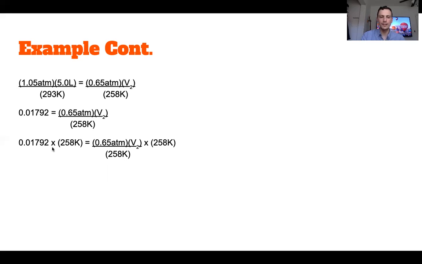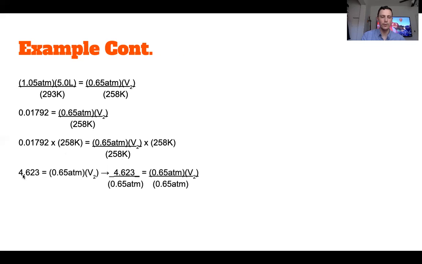And on the left-hand side, I have 0.01792 times 258 Kelvin. So if I solve that, I'll get 4.623. And on the right side, that will be equal to this same thing minus what was on the bottom because that was canceled out, right? So I have 0.65 atmospheres times V2.